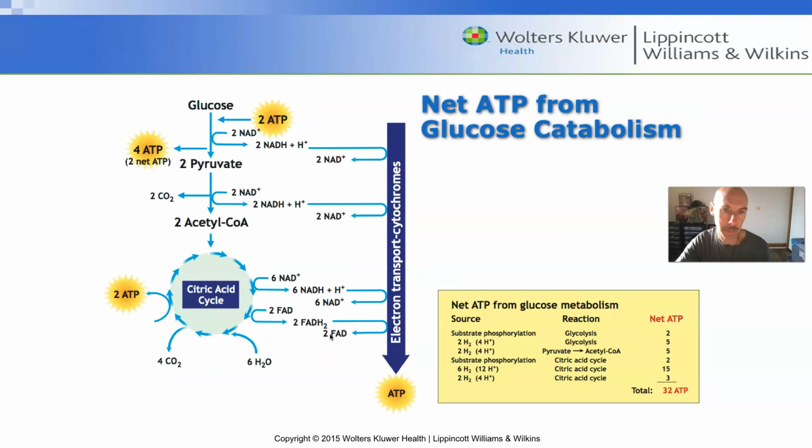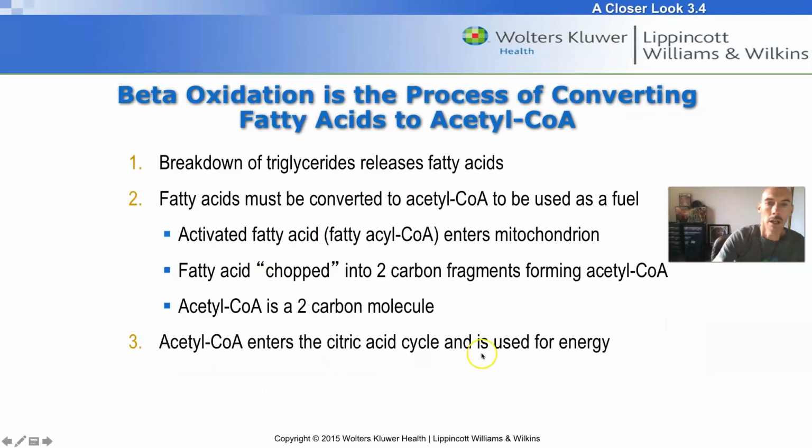Let's jump back here. So if we're going to use fat for fuel, which we would do during aerobic exercise exclusively, okay? The conversion process from fatty acids to acetyl-CoA basically sees us take the fatty acid, which is a long string of carbon molecules. We chop those carbon molecules up into a series of 2 carbon fragments, okay? Acetyl-CoA is a 2 carbon molecule. So we might have a fatty acid that has 18 carbons.